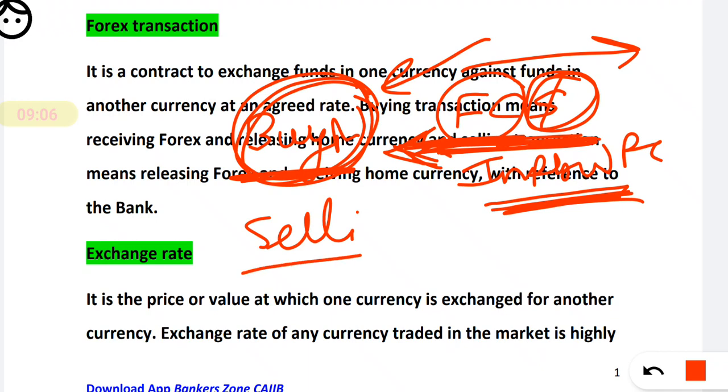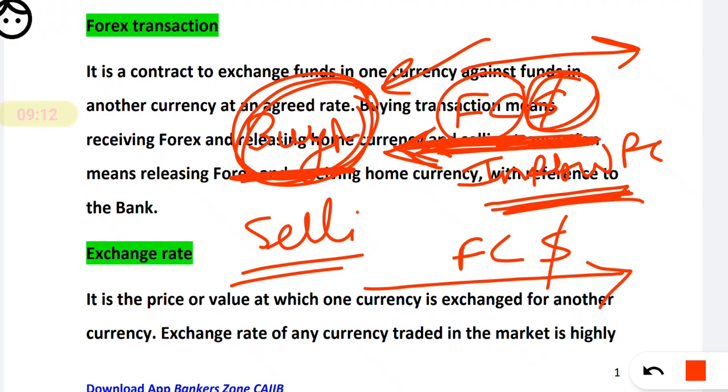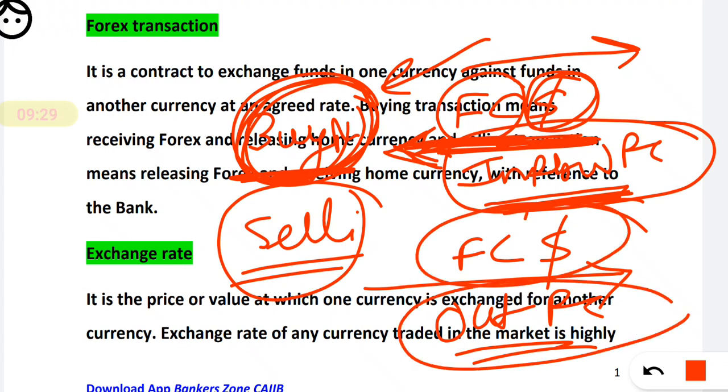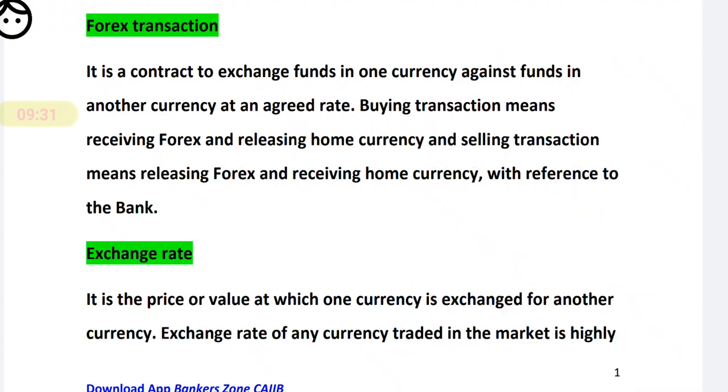In the same way, selling means if you sell something, and here you are selling the foreign currency, it is an outflow of the foreign currency. Remember, if you are buying foreign currency, it will reach you, so it is an inflow. Selling means it is going away from you, so it is an outflow.